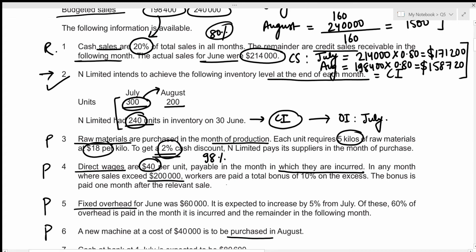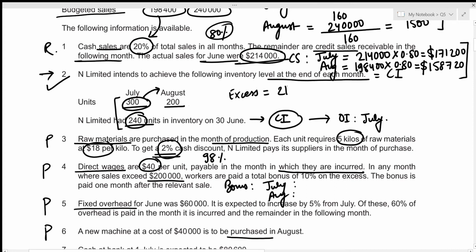Alright, so let's figure out the bonus for the month of July and August. For July, we have to look at the sales made in the month of June. And we are told that the actual sales for the month of June were 214,000 given right here. So let's figure out the excess sales. And we're talking about in excess of 200,000.